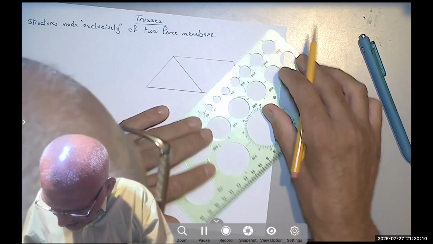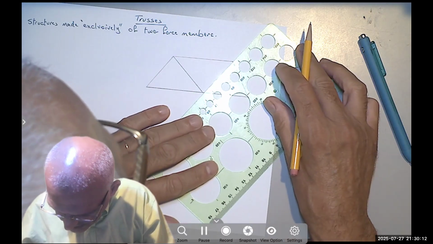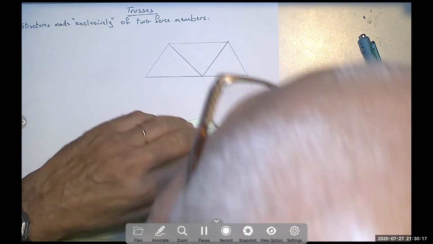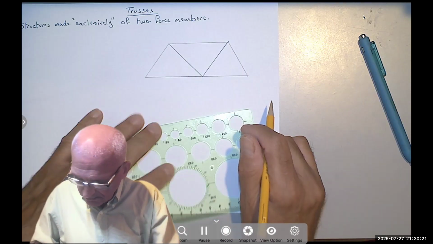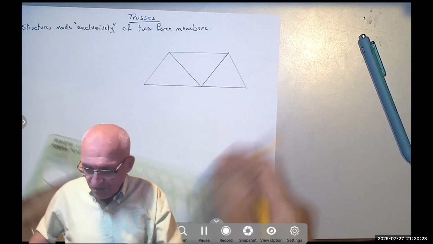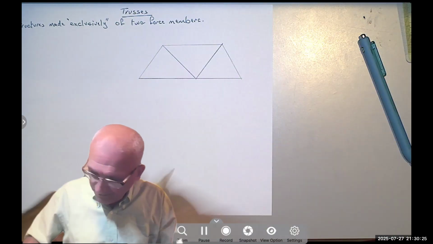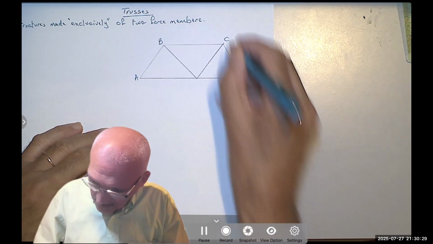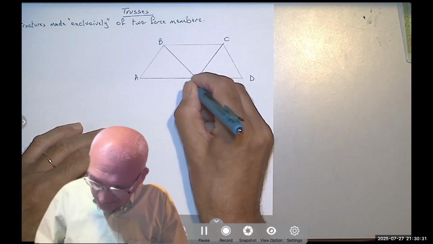Let's do a quick one. Very simple truss. Okay, so I have a truss like that: A, B, C, D, E.